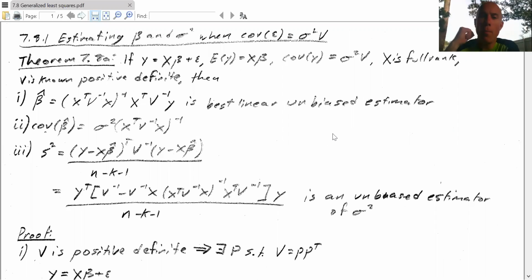Remember, our assumptions for regular old vanilla regression. One, we have the model structure, so y is equal to y-intercept plus coefficient times predictor, and add those up. Second, the expected value of the residuals is 0.